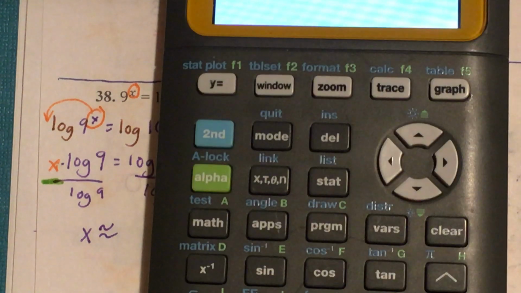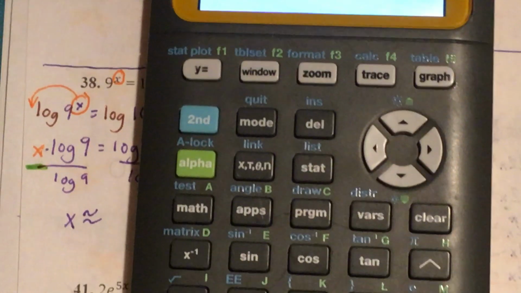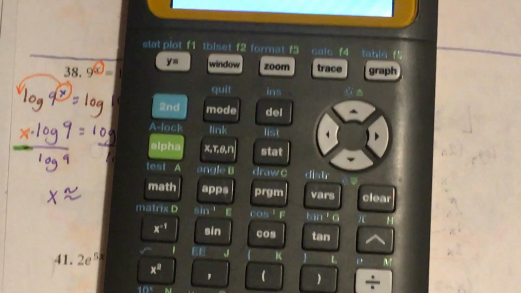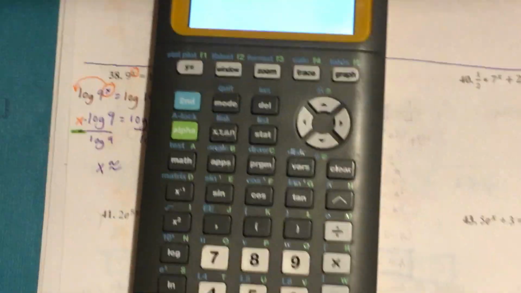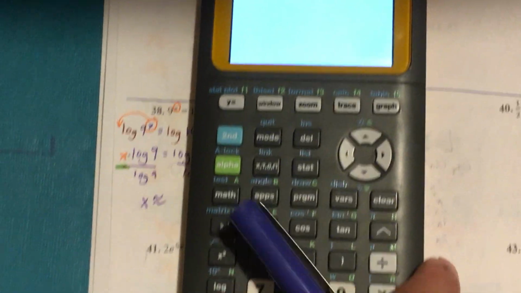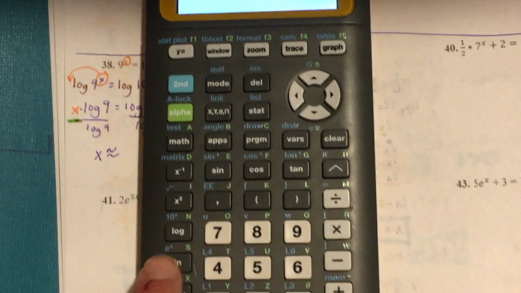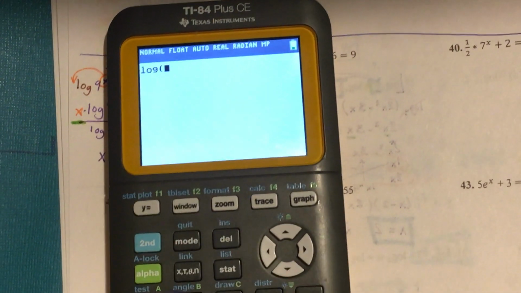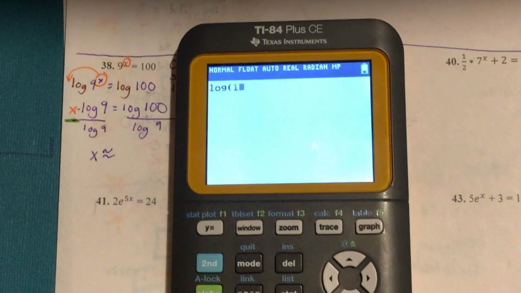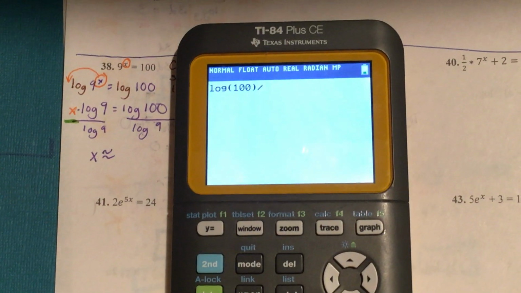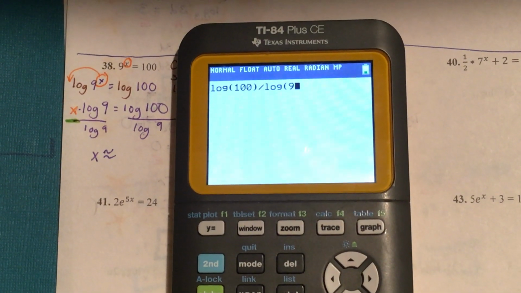So your log button next to your 7. I better zoom out here a little bit. Sorry about that. So common log next to your 7. So log 100 divided by common log of 9.